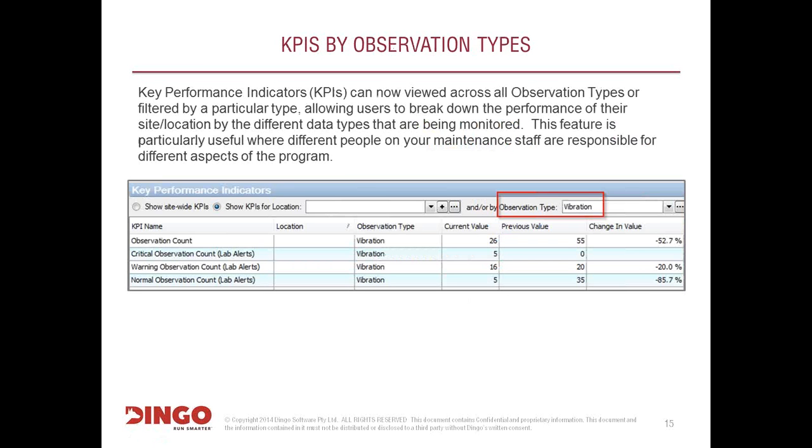So you can see in that screenshot, we've selected just the vibration KPIs. Observation count is just showing you this month there's been 26 vibration observations, which previously wasn't possible.